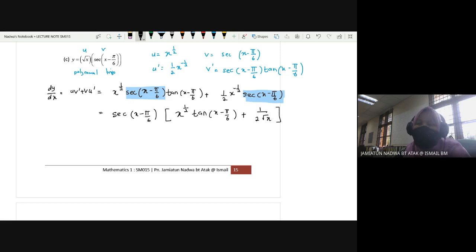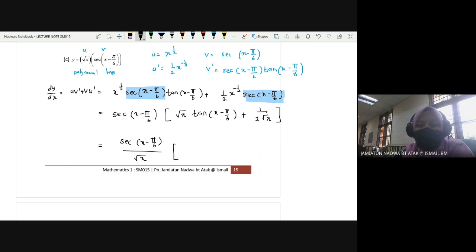Sahaja macam tu. Okey, tinggalkan jawapan macam ni pun dah cukup baik. Cek dulu jawapan belakang ada tak macam ni jawapan dia. So kalau ada, so betul lah jawapan kita. Kalau jawapan tu dia keluarkan pula square root x over square root x. Okey, ni saya tunjuk macam mana kalau dia simplify jawapan tu. Dia buat macam ni. Secant x minus pi over 6 over square root x.